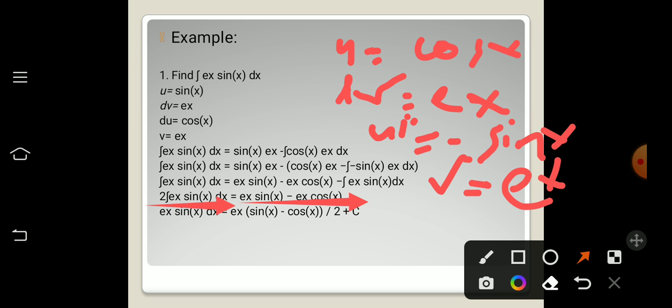Then simplify again, so we get the answer: the integral of e^x sine x dx is equal to e^x times sine x minus cos x, over 2, plus c.